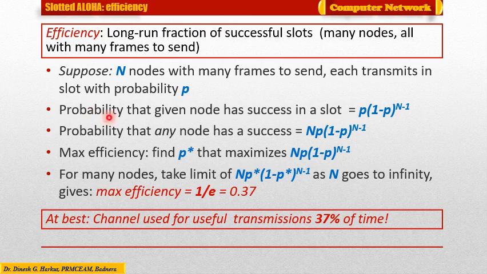Hence, the probability that a given node has success in a slot is given by the product of both, P times (1 minus P) raised to n minus 1.